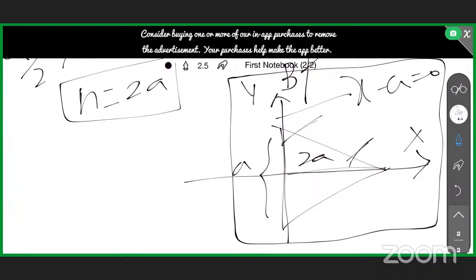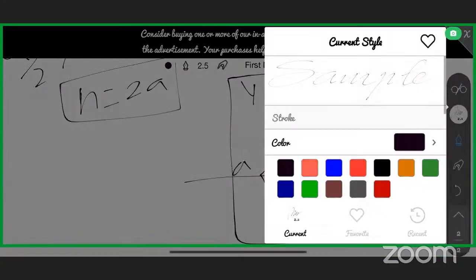My God, you're struggling so much. Okay, I'll take some other color. Wait.